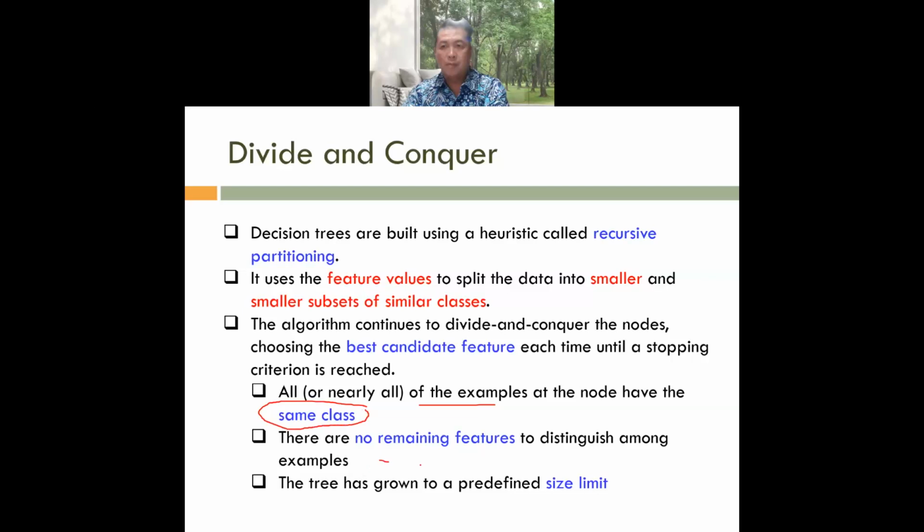Or there are no remaining features that you can use to distinguish among examples, meaning that you have used all the values of your features. Or you have a predefined size limit, meaning that you only perform up to 3 or 4 levels of depth of your decision tree. That is what we call the stopping condition.